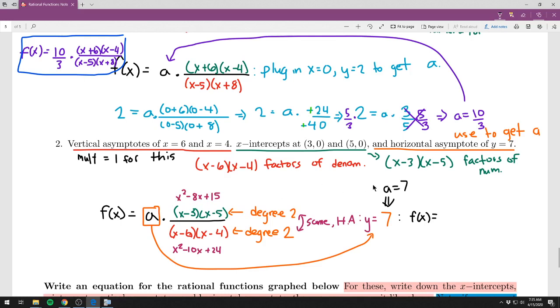That's supposed to be 7. So we got f of x equals 7 times x minus 3 times x minus 5 over x minus 6 times x minus 4.